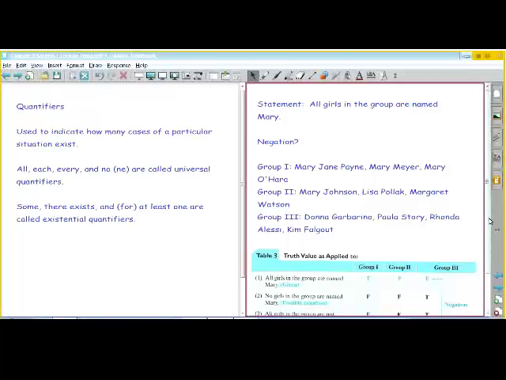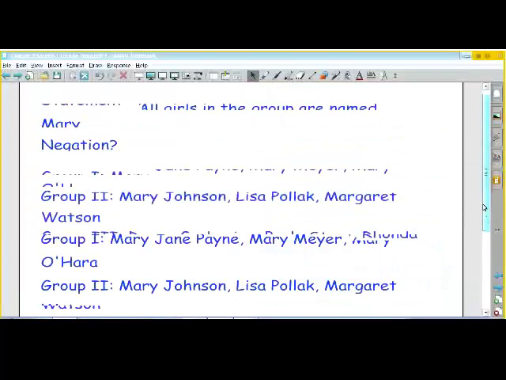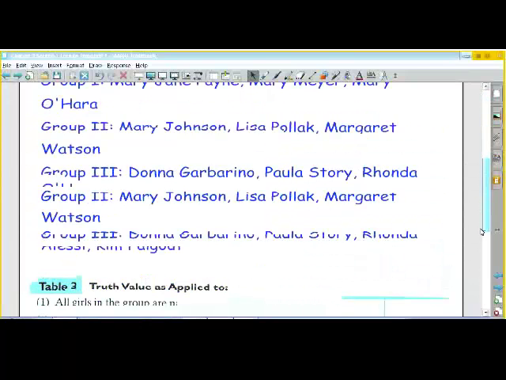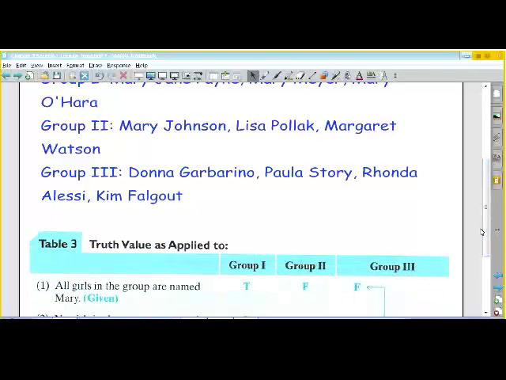If you look in your book, you'll see this table. I'm going to put this on one page so you can see it better. We originally look at the statement, all girls in the group are named Mary, and then we look at the groups and ask, is that true or not? For group 1, they're all named Mary.